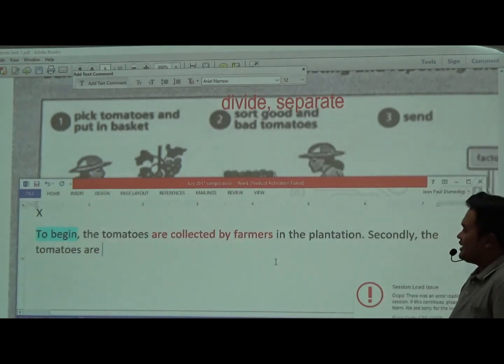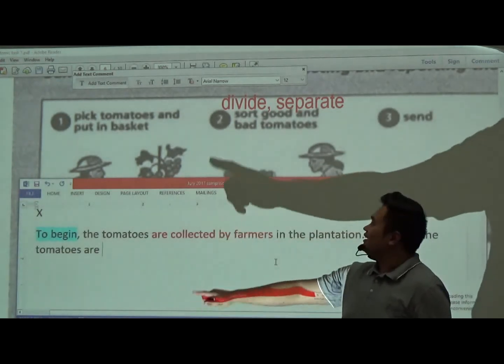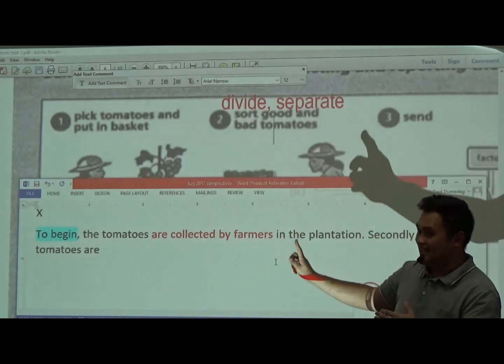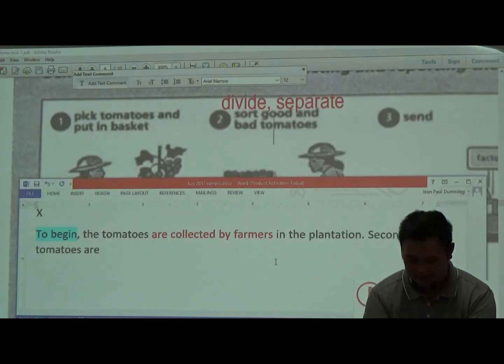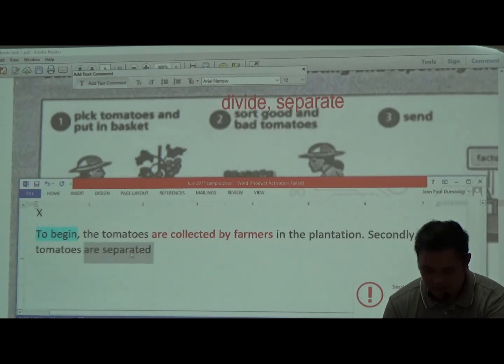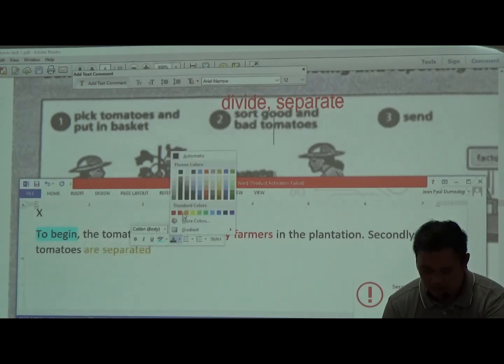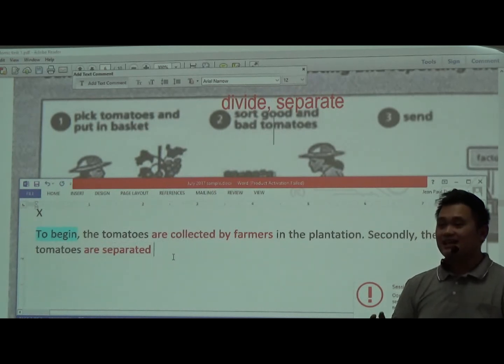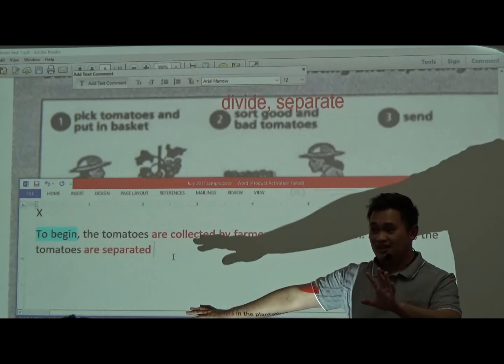Now, secondly, the tomatoes are PP verb, divided or separated. PP, always remember. Now you can say like this, don't copy this yet, okay?